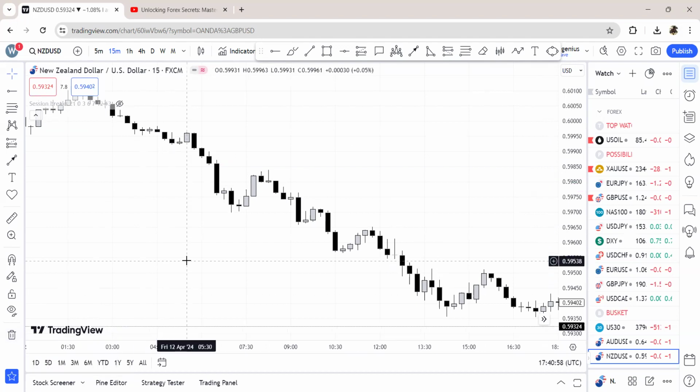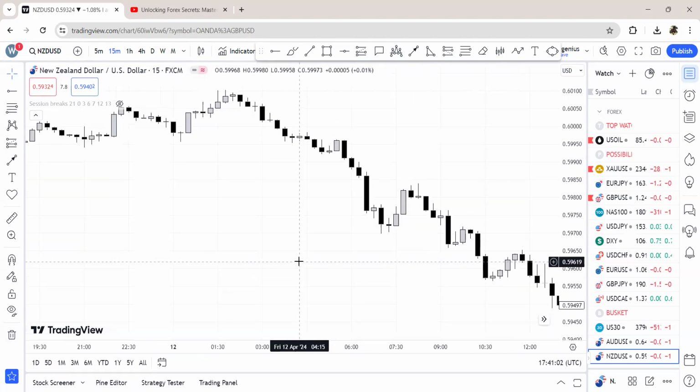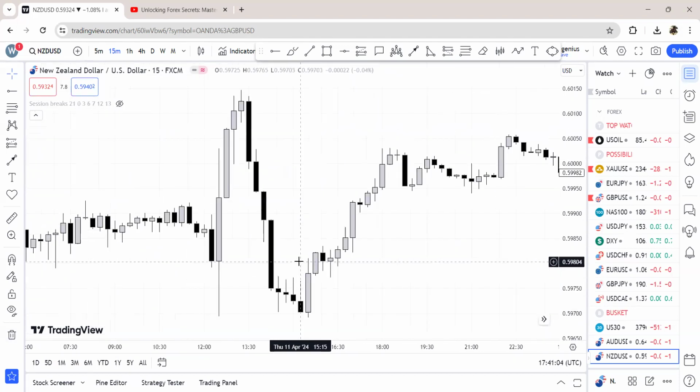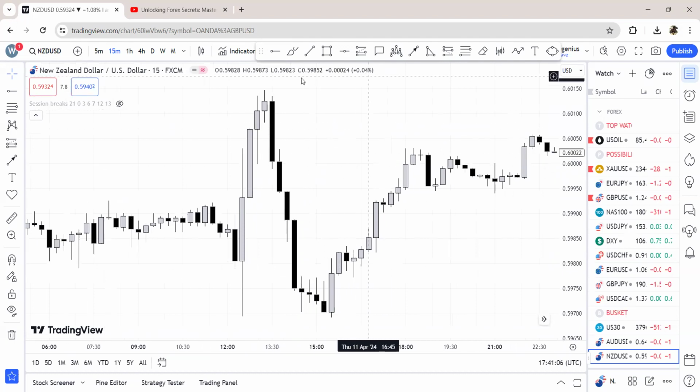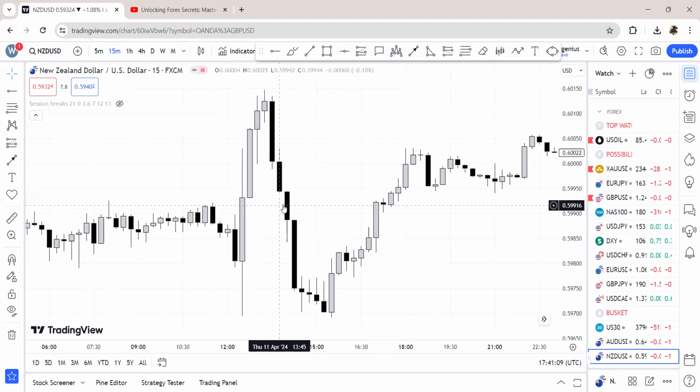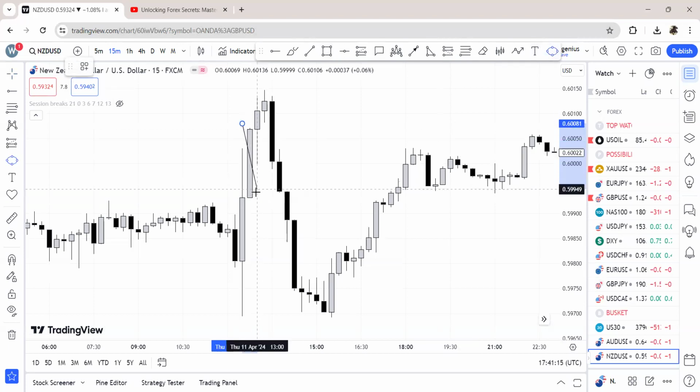Just understanding fair value gaps alone, you can make trading so much easier. We can come to this level here. Let me show you something. You can see that this momentum candle here, that one, did not create any inefficiencies because the wick from this other side and the wick from this previous candle here crossed. So this did not form any inefficiencies.